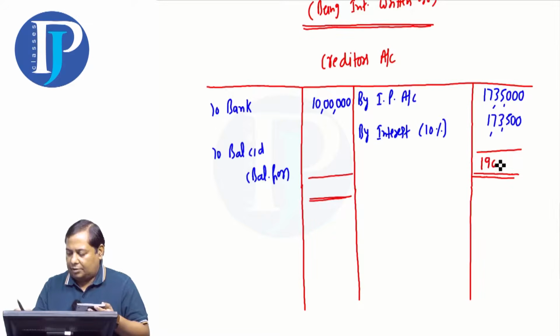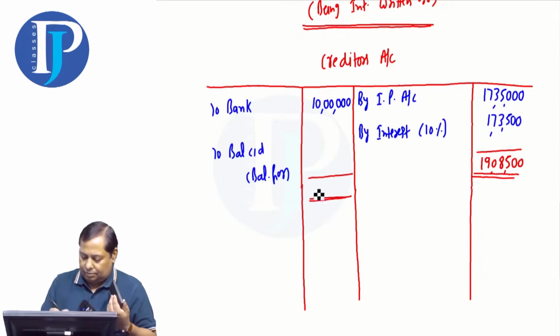One, so it's 9 and 0 and 8, 500. So students, it is 19 lakhs 8,500. And here it will be 9 lakh 8,500.